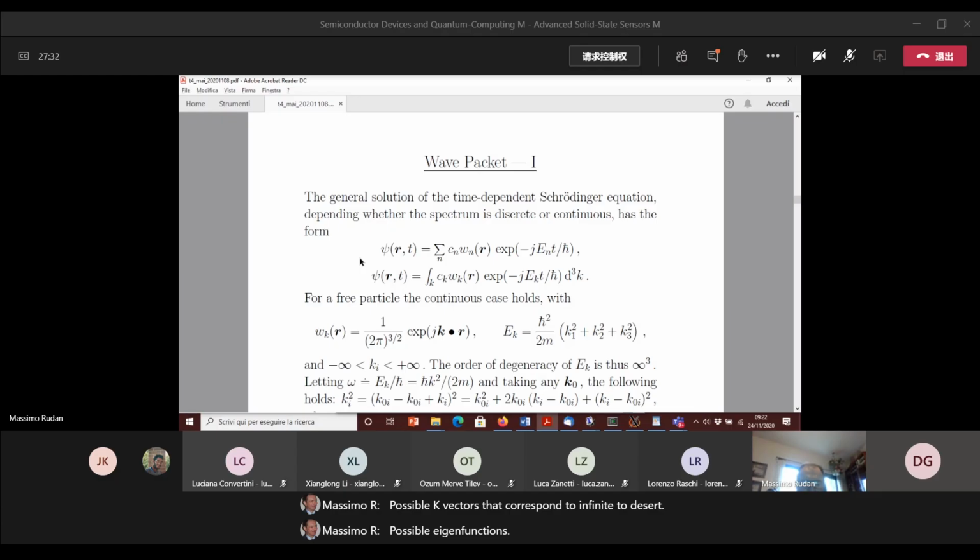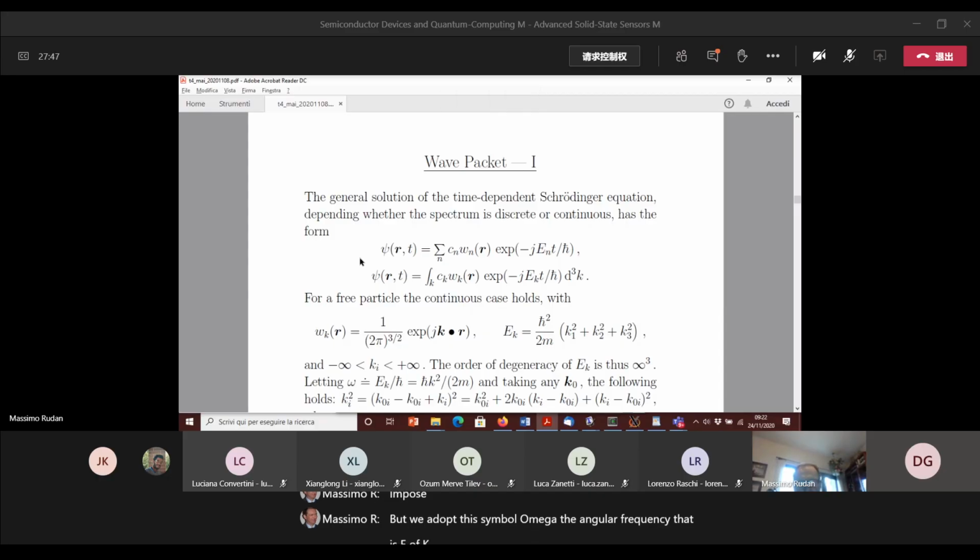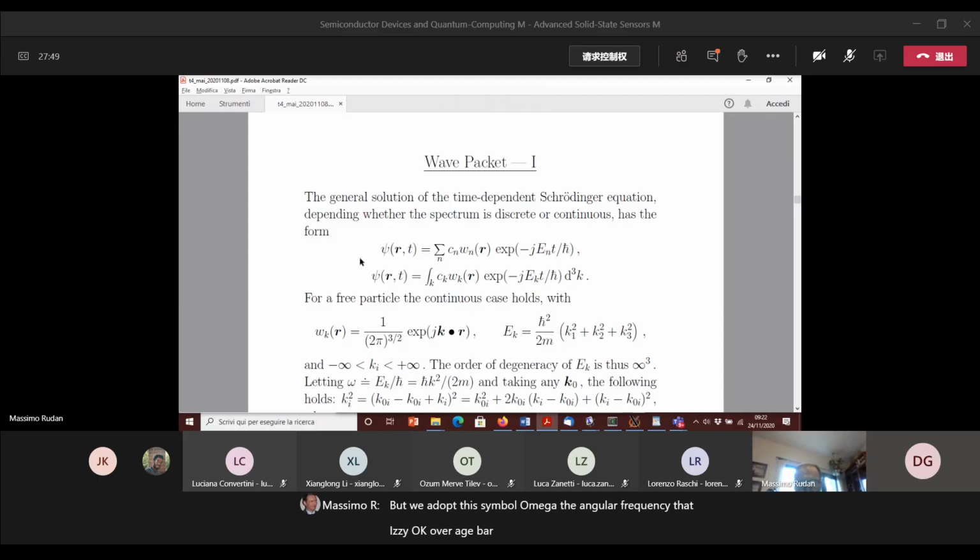Now, we change the notation as usual, so that is, we adopt the symbol omega, the angular frequency that is E of k over h bar. And then we manipulate the wave packet.